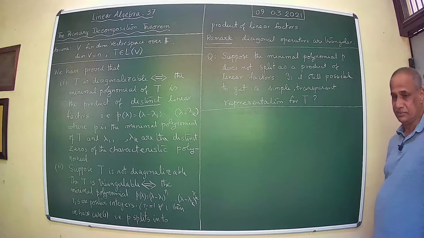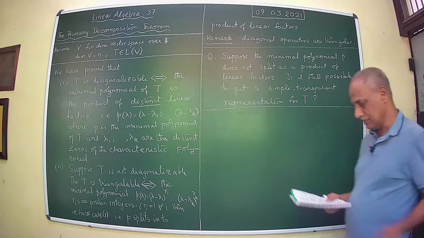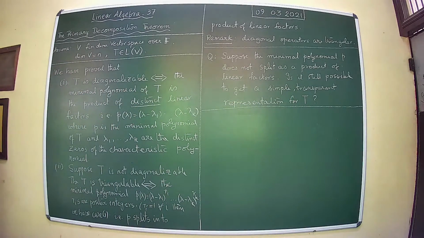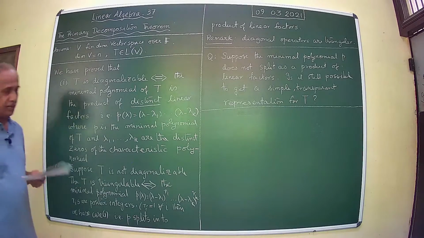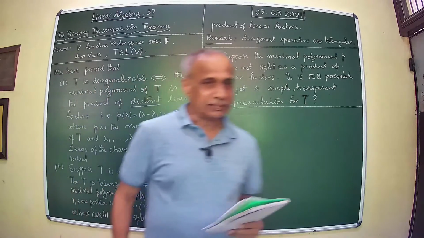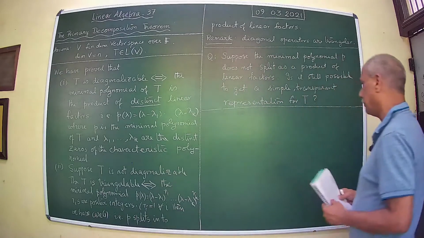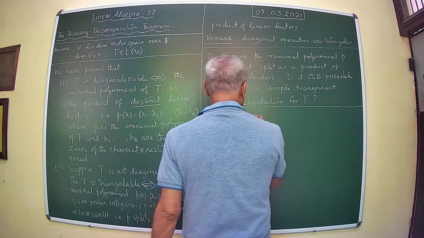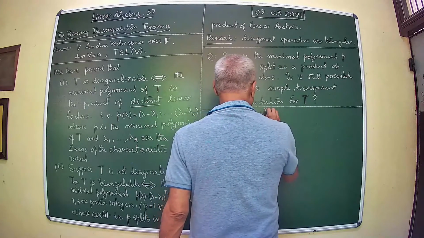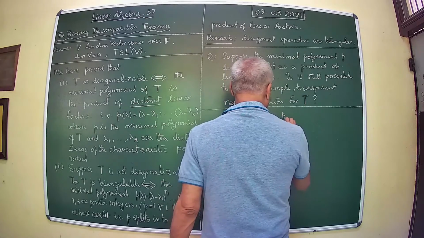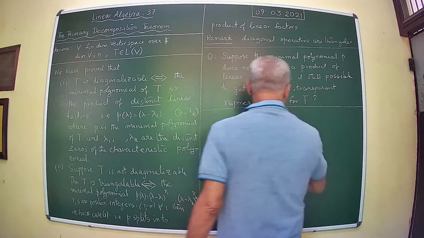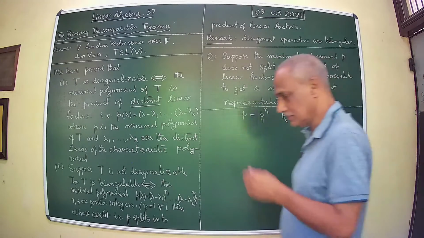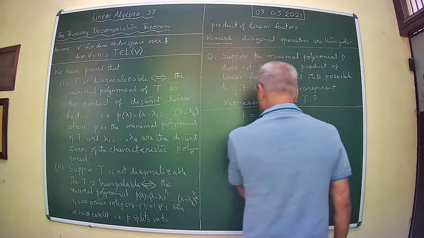What does it mean? p can be written as a product of polynomials of this form: p equals p1 to the power r1 and so on, where none of the p_i's are reducible, but they are not first-degree polynomials.